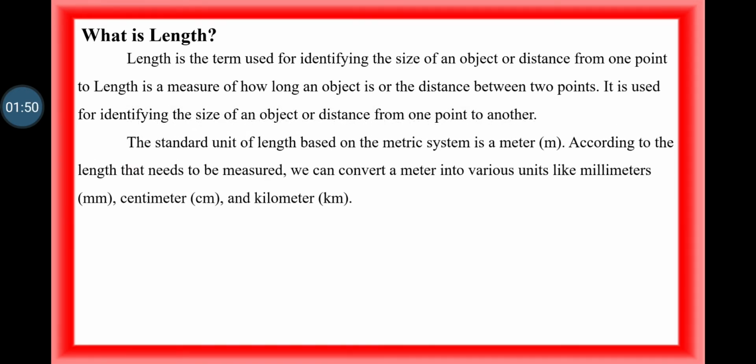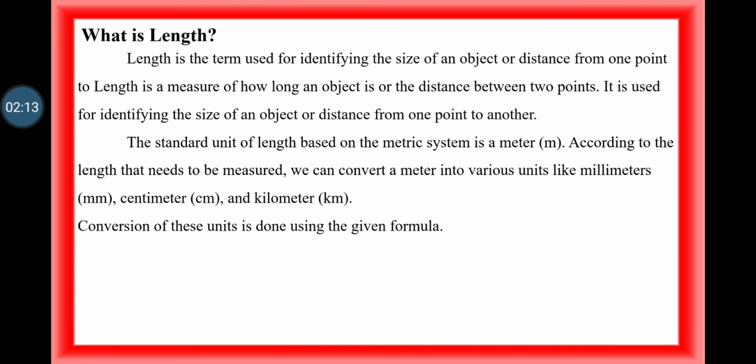Dear students, the standard unit of length based on the metric system is a meter. According to the length that needs to be measured, we can convert a meter into various units like millimeters, centimeters, and kilometers.